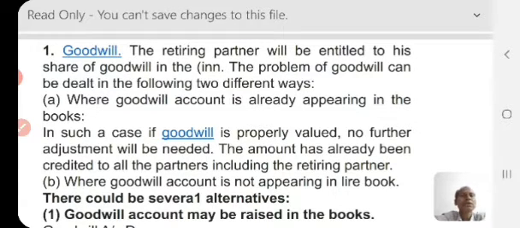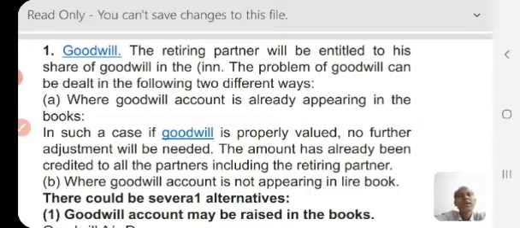For example, in the balance sheet, goodwill appears. The goodwill is already distributed to the partners' capital accounts.